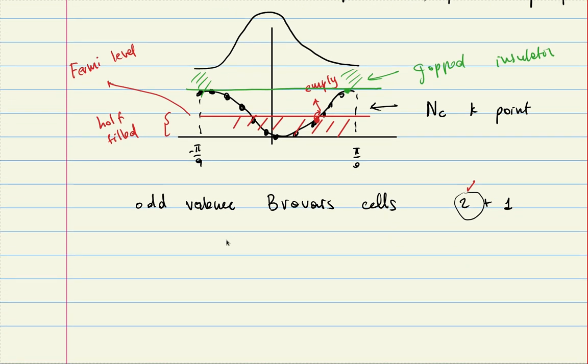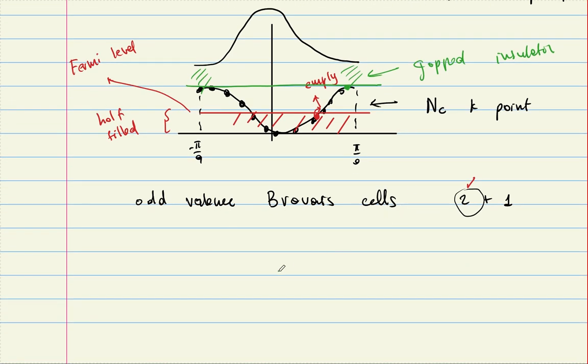So that's why odd valence Bravais cells, like alkali metals, like the name suggests, they are metals. They have generally a Bravais lattice structure, and they have one electron contributing because the valence of each atom is 1, and they are going to be metals.